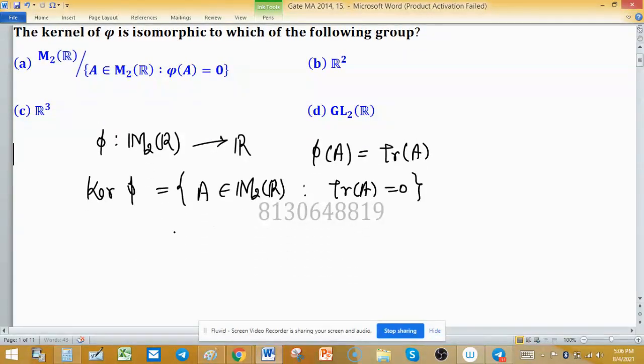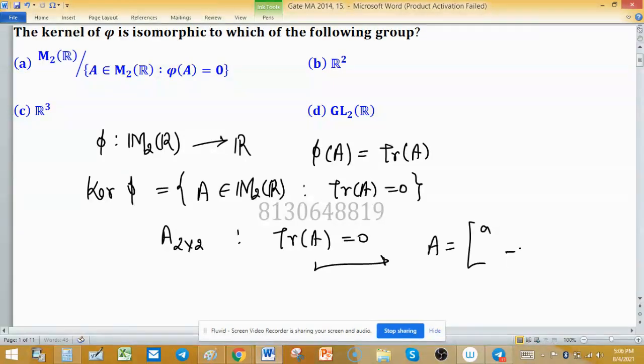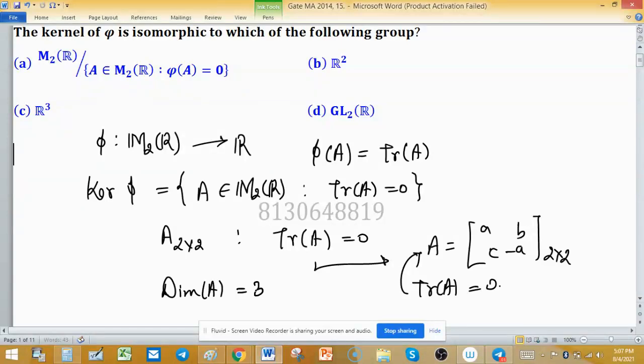Trace of A is 0 and the matrix A size is 2 by 2, which means the diagonal elements are a and minus a. So the structure of A will be a, b, c, minus a. This is the structure of 2 by 2 matrices such that trace of A is 0.